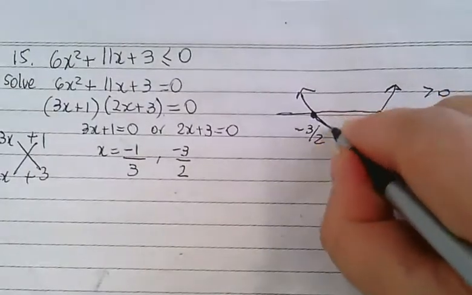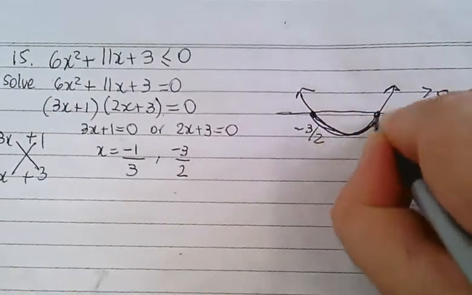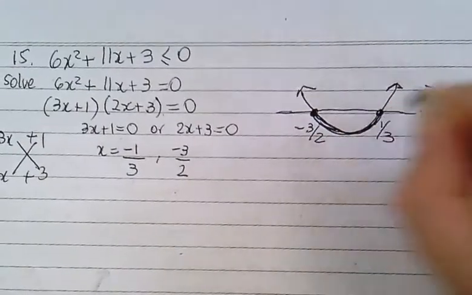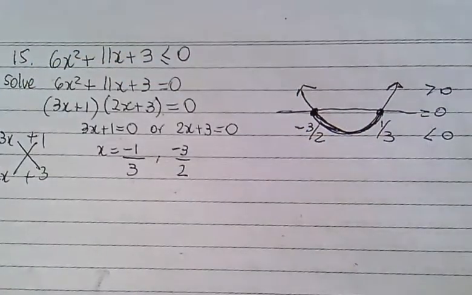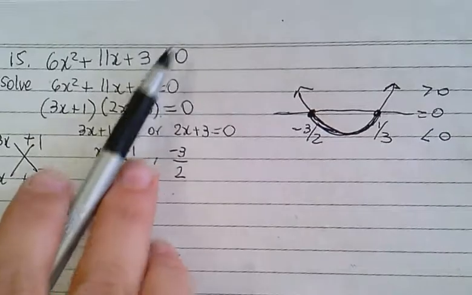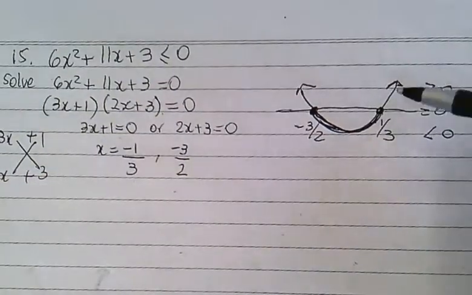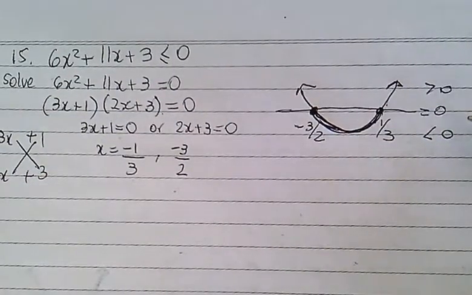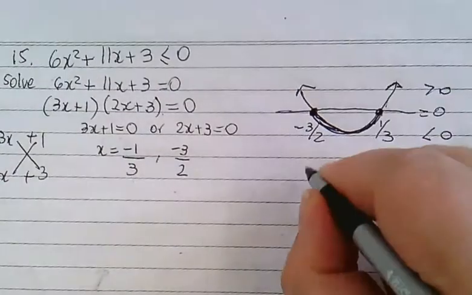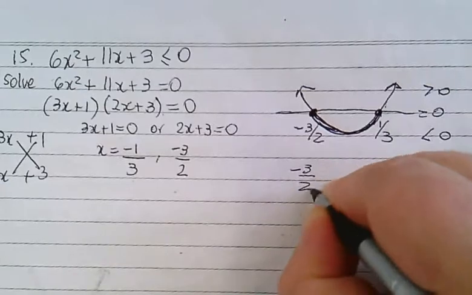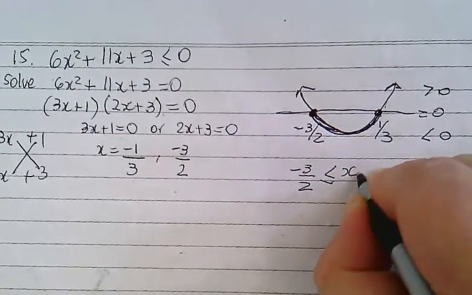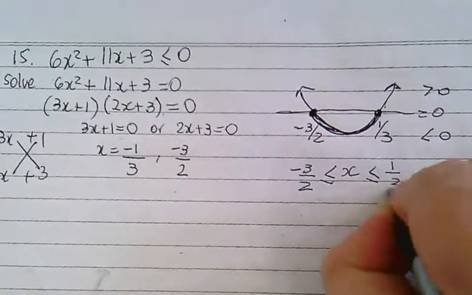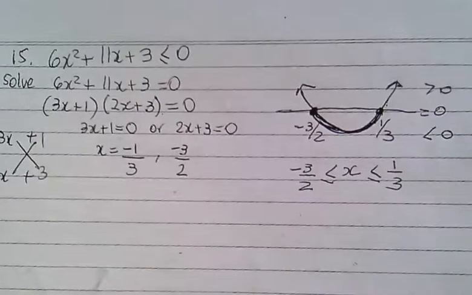Isn't it here, below the line, including these two values, because I need to know where it's less than or equal to 0. It's greater than 0 above the line. It equals 0 on the line. And it's less than 0 below the line. So my solution is x lies between negative 3 over 2 and a third. Are we good?